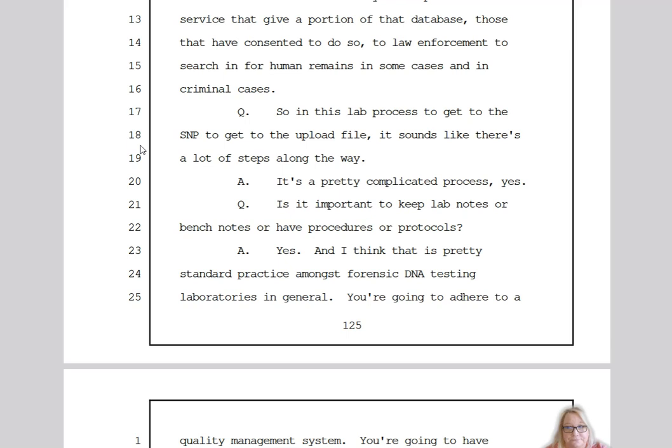I could be wrong, but I believe that they just developed a different GUI, what they call graphical user interface, to access only those that opted into law enforcement searches in GEDMatch PRO. I don't believe that they replicated the data. I could be wrong. So it may only be one database, but I'm not sure.